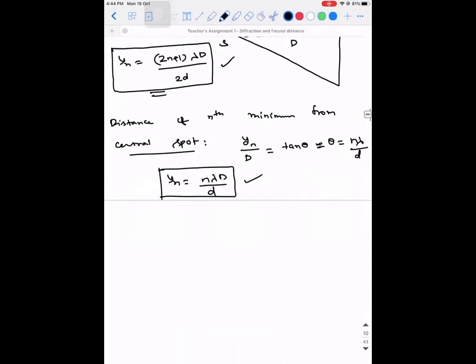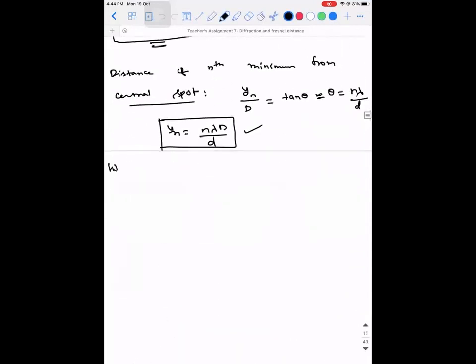Let's find out why it is so. Width of the central maxima. If this is the width of the central maxima, let me call it beta.